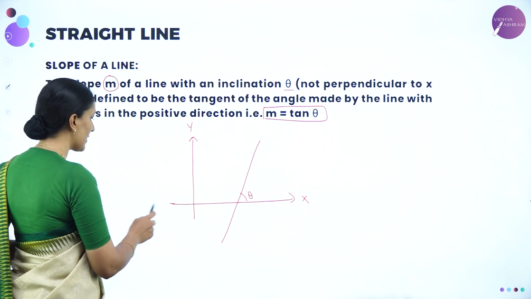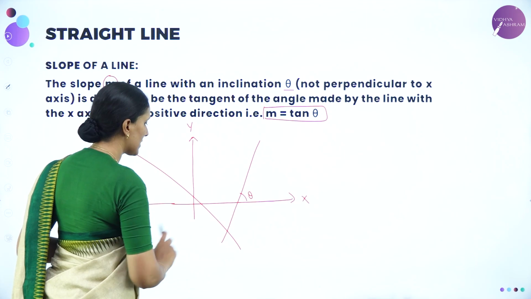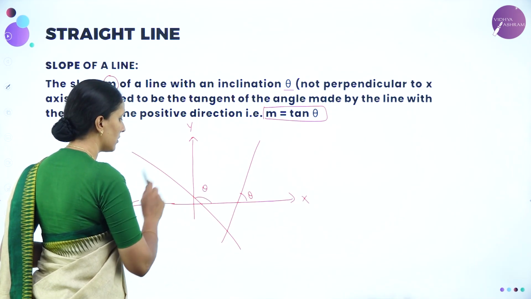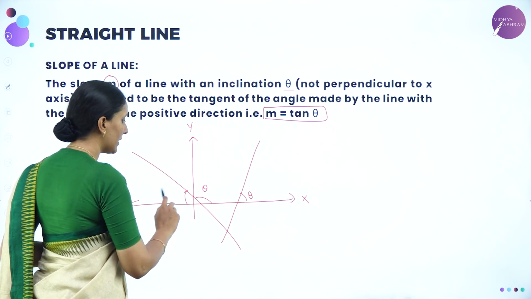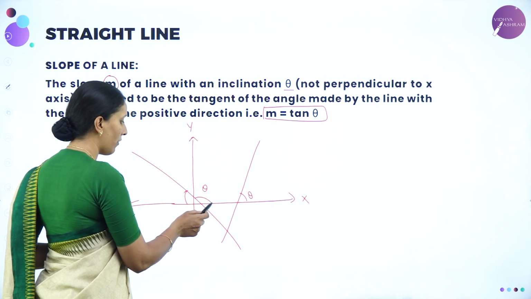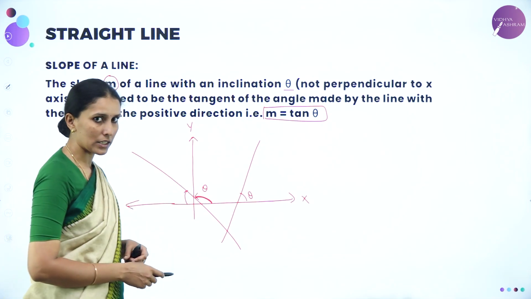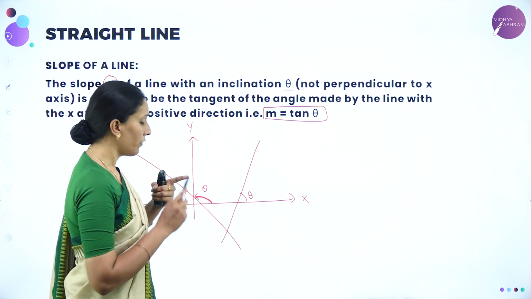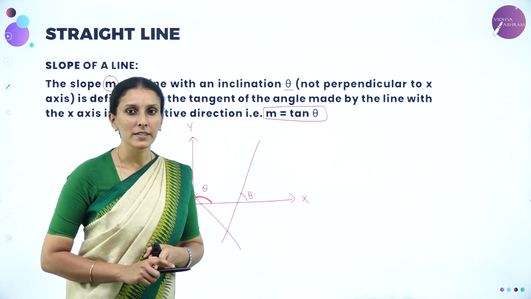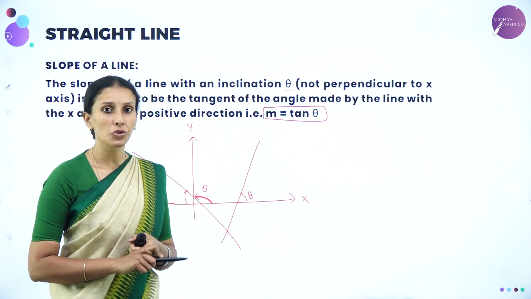Similarly, if this is one more straight line, then this is an angle theta. We can't take this as theta because we should always measure from the positive direction of the x-axis. Therefore this will be the inclination theta. If we know the value of the angle, then we can use the formula m is equal to tan theta to find the slope of a line.